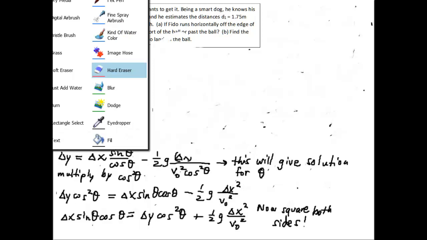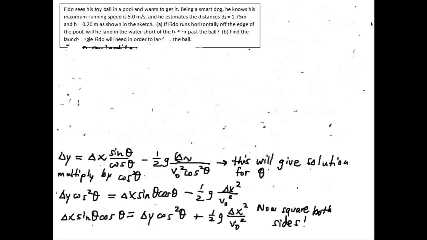On the left, then, I get delta x squared sine squared theta cosine squared theta, right? Equals on the right. Now remember, you square the first term, then you multiply the two together, and then you do the multiply the two together again, and then you square the last term.